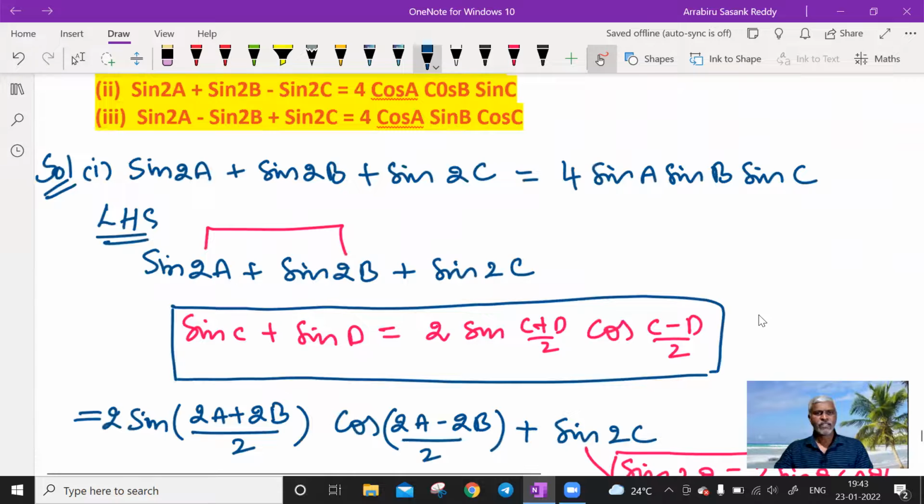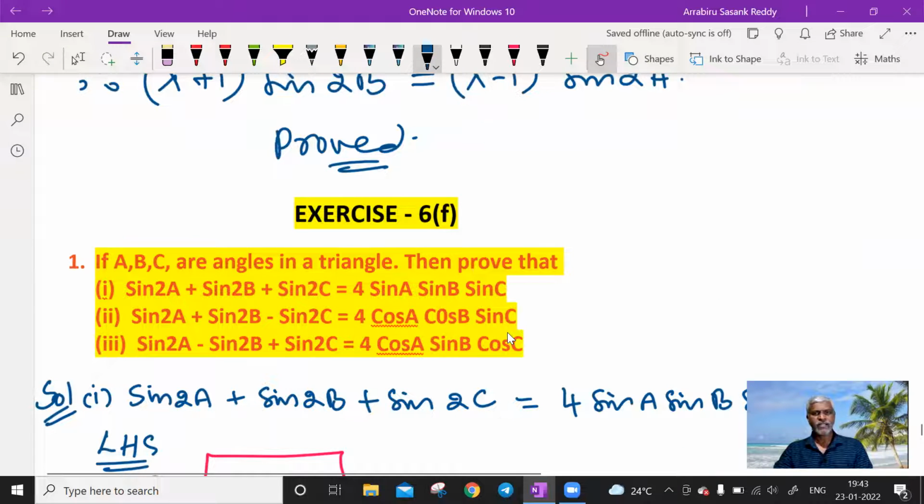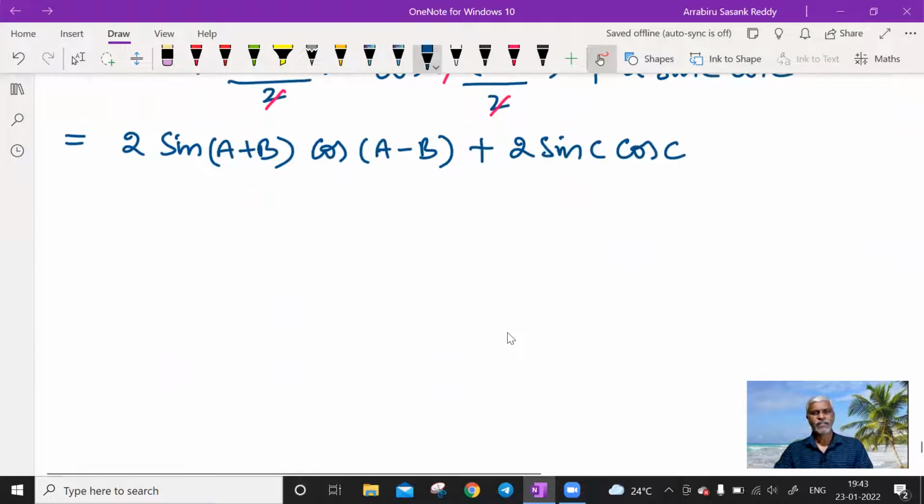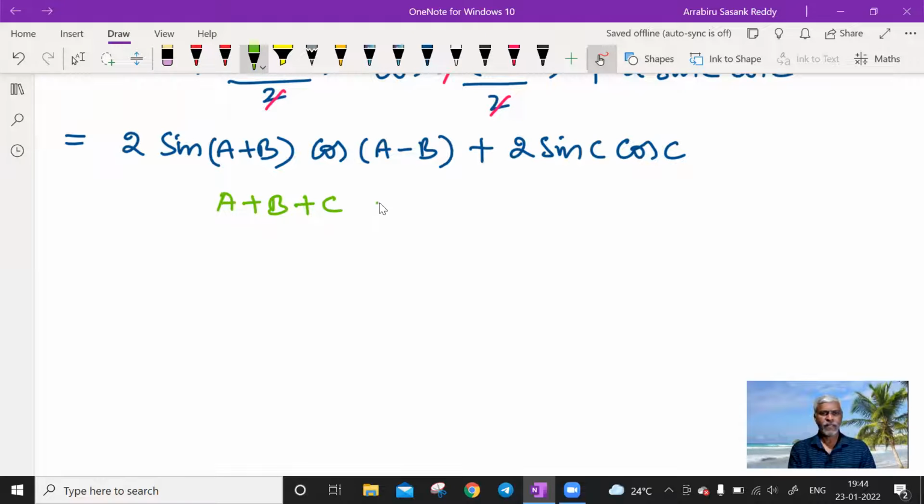Since the condition is that A, B, C are angles in a triangle, the sum of the angles in a triangle is 180 degrees. So A plus B plus C is 180 degrees, and A plus B is equal to 180 minus C if you take C to the right side.